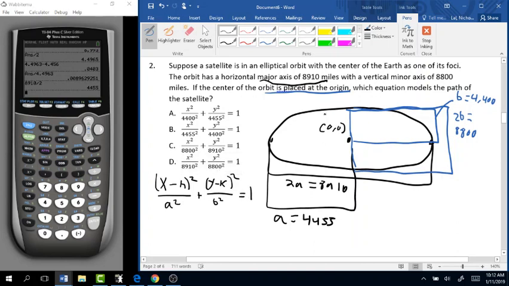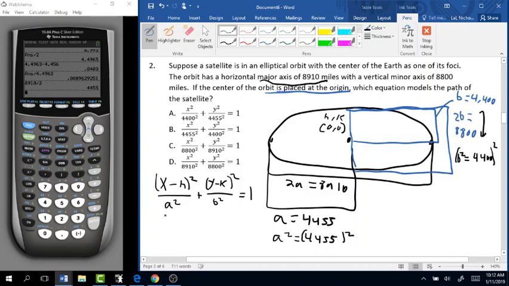And here, (h, k) is (0, 0). a is 4,455, so a squared can be represented as 4,455 squared. And if b is 4,400, b squared can be represented as 4,400 squared.